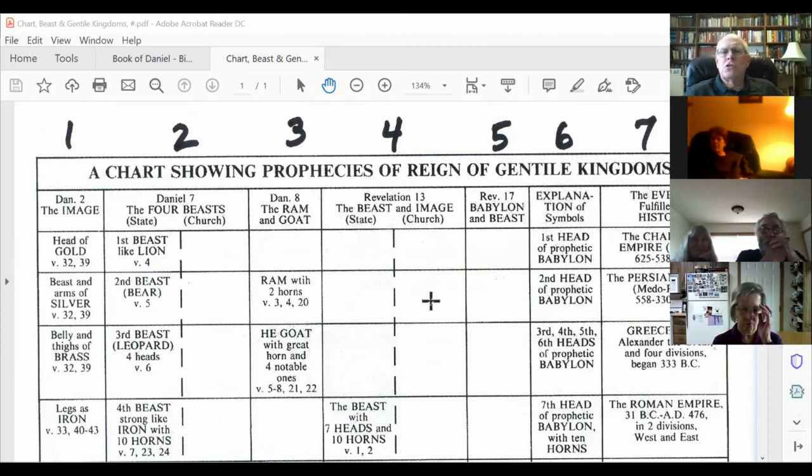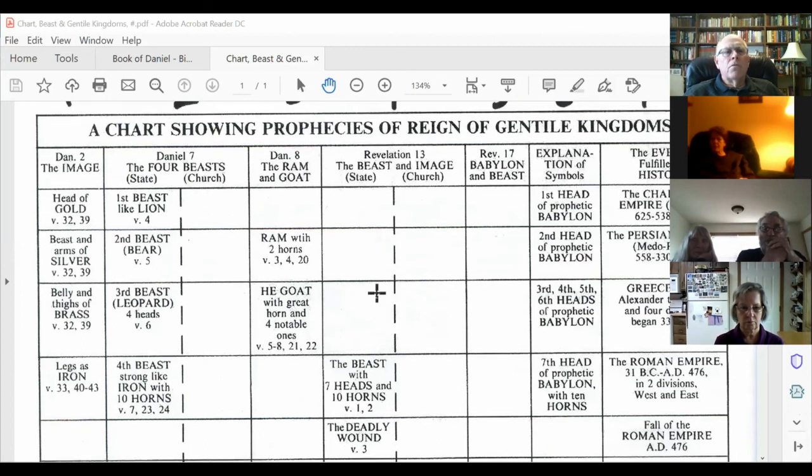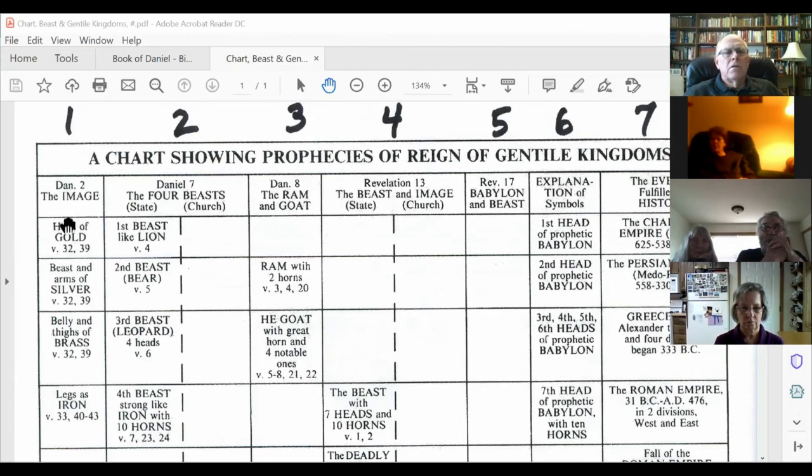We have this chart, and if you follow the columns, Daniel 2 is column 1, Daniel 7 column 2, then Daniel 8, Revelation 13 and 17. It lines them all up. So I need to send this to you. If you don't find it easily, at least you'll have a copy of this one that I scanned. But here we can follow it across from left to right.